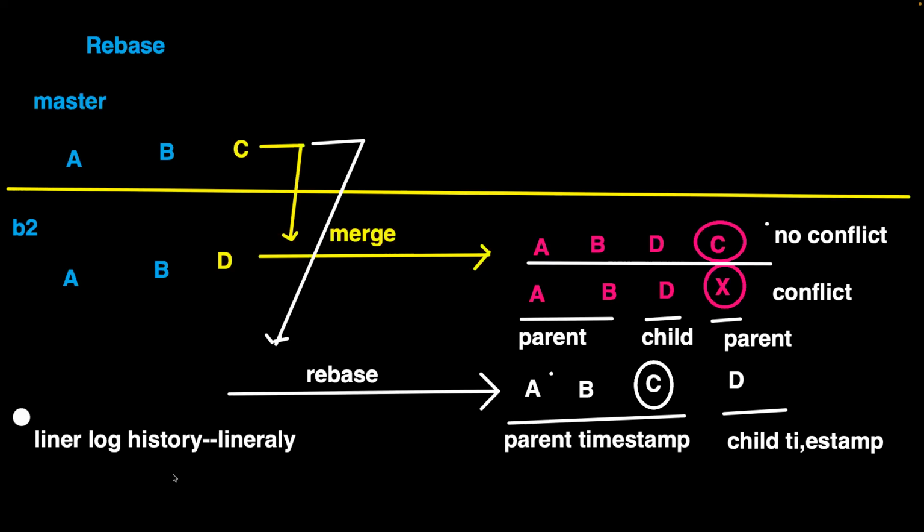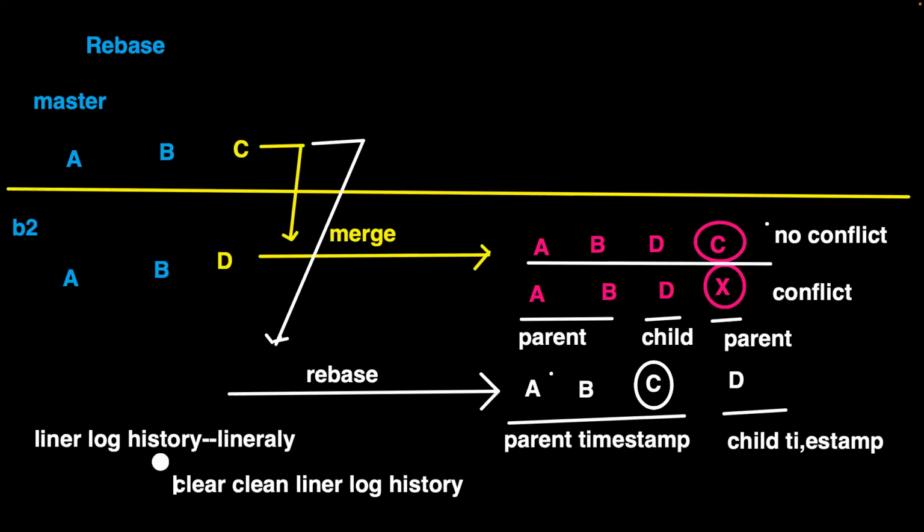What is the advantage of linear log history? Clear, clean, linear log history. So I can understand what is happening, which changes are from which branch, and it avoids adding a latest commit just because you are merging. If you want that kind of log history, you can go for rebase.